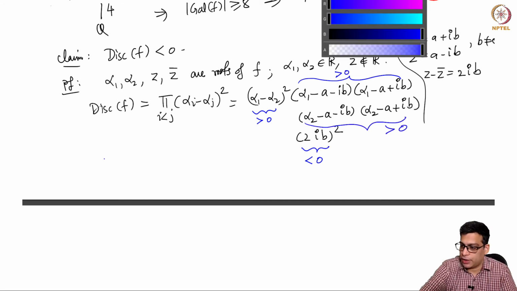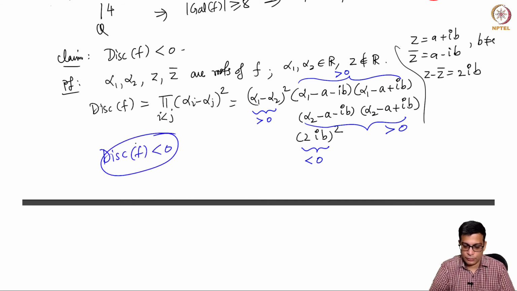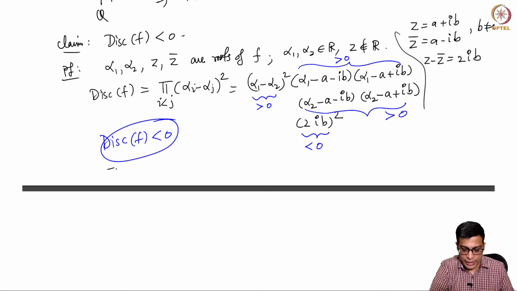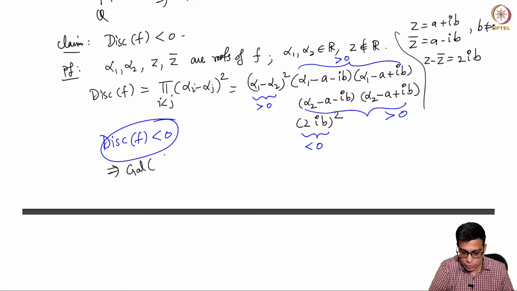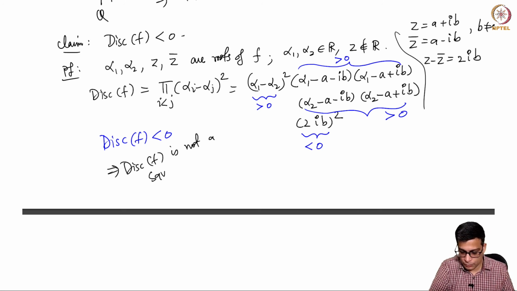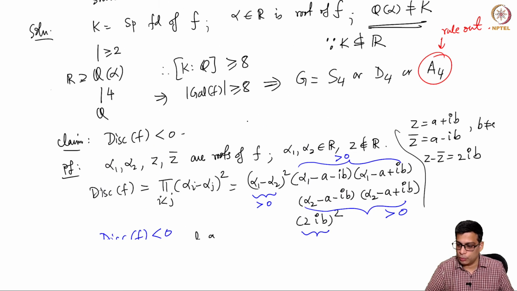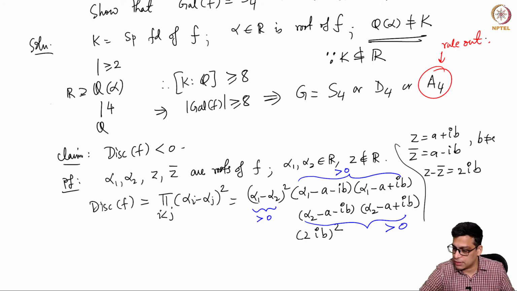So the discriminant is negative. So that means the discriminant is not a square. So this implies the Galois group cannot be contained in the alternating group. So this is ruled out.